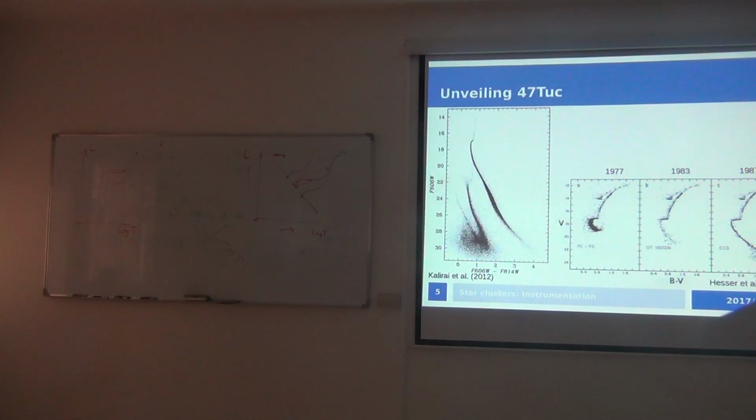And what's also nice, a bit of a coincidence, is that 47 Tuc is close on the sky to the Small Magellanic Cloud. So you also have the main sequence of the Magellanic Cloud in here. And you see a third sequence here. Does anybody know what this could be?